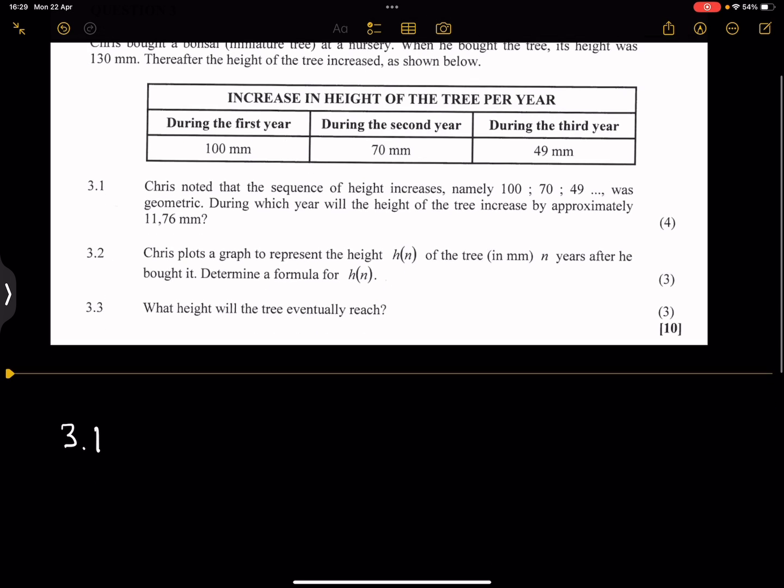So we know that our A value is 100, then 70, then 49. Now they wanted to know the year wherein that number will be 11.76, and we want to know which year that will be. So what are we going to do?